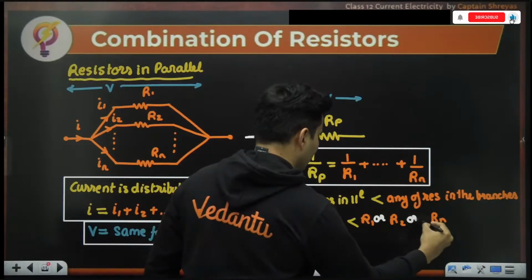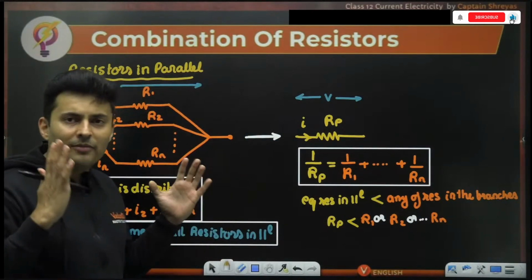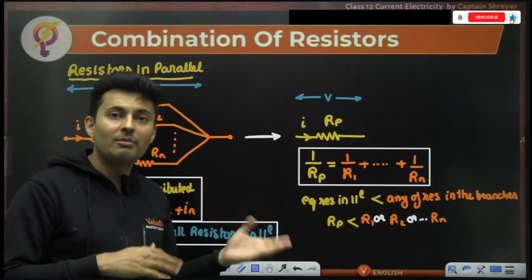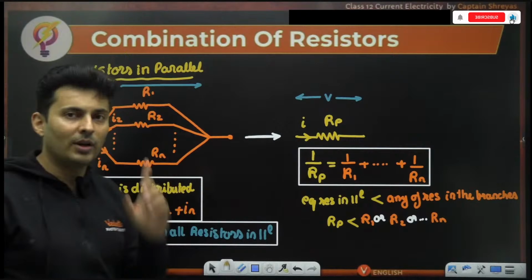If you take, it is always lesser than that. So if you have 5 ohm and 3 ohm, the equivalent will be lesser than 3 and lesser than 5 also. Okay, that is for parallel.